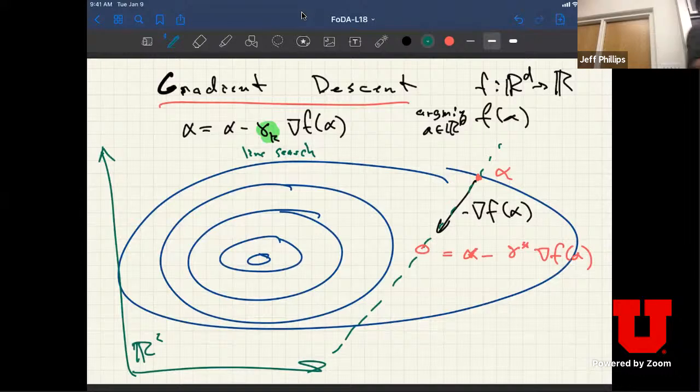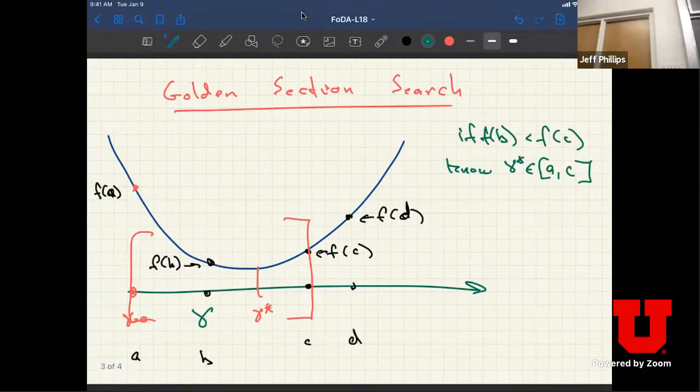In one dimension, I know how to do this. In multiple dimensions, I can't do this kind of grid search, so that's why I use gradient descent in multiple and higher dimensions. But once I've chosen the derivative, I'm restricted to one dimension. So this dashed green line corresponds with this green line and the x-axis of the picture on this slide. Great.